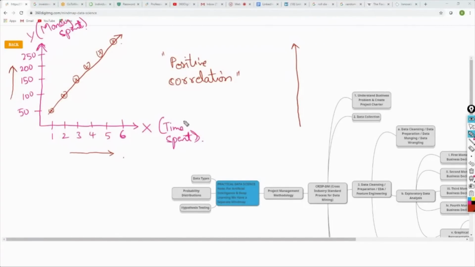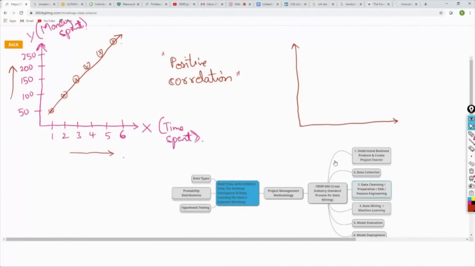Hey guys, this is on a jovial note. Okay. Then say you have, let me minimize this also. Say on x-axis you have years of experience. And on y-axis, say you have productivity, how much productive you are.